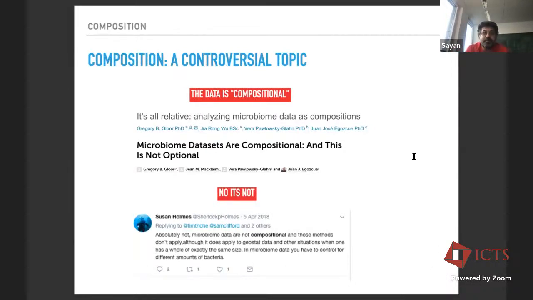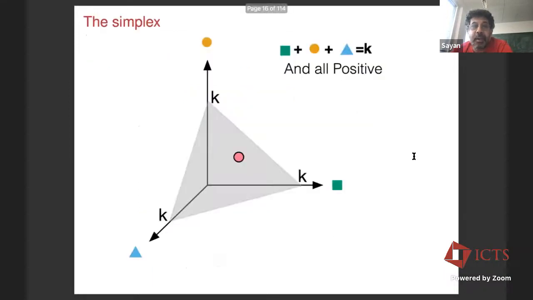There have been two camps in really noisy count data. One is that the data is compositional, and the other is that it's not; these are counts. So let's go through that in some detail.